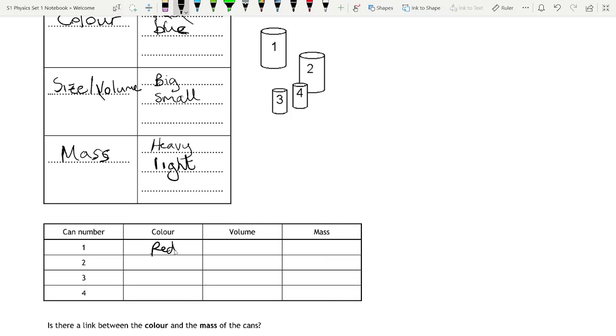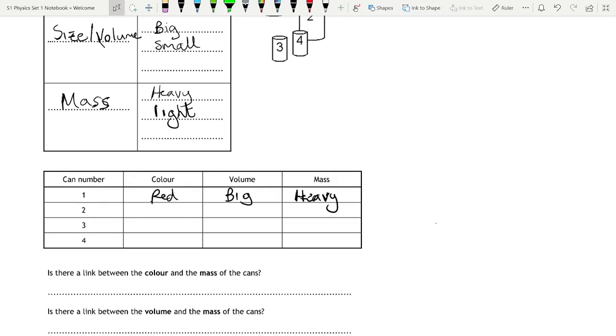So red, big, and heavy. And number 2. Colour is blue, volume, big, and light.